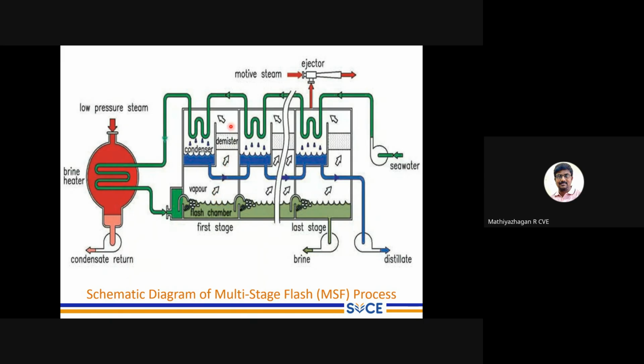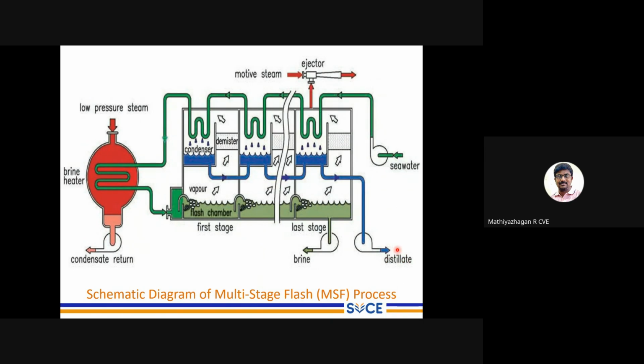These water vapors are condensed by the inlet seawater alone. So we are achieving condensation as well as transferring heat. That is, we are heating the incoming seawater, and it also acts as a cooling surface to convert the water vapors into condensed water. So finally, we get distilled quality water.